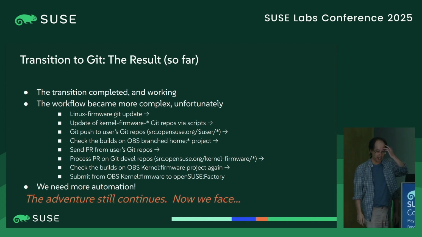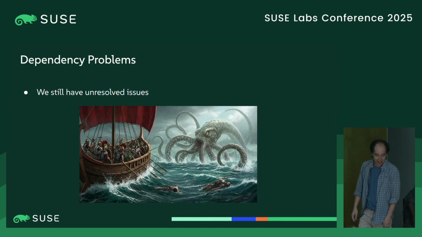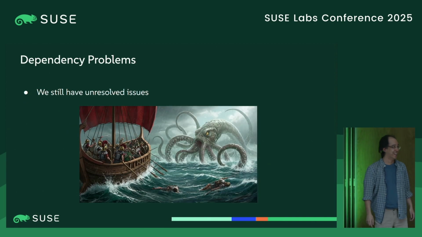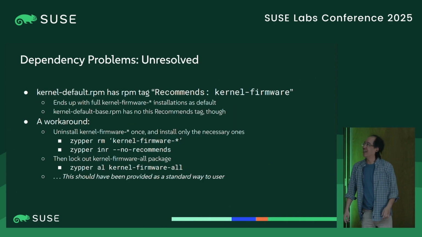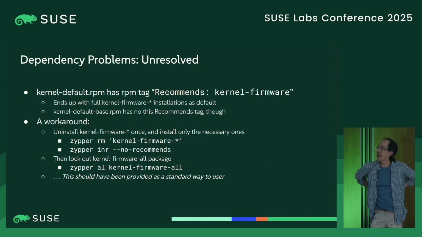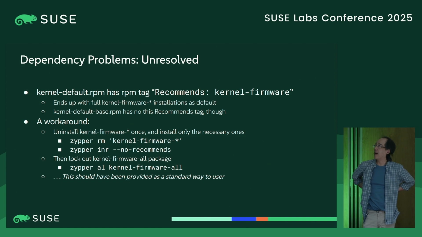That's still not the end, unfortunately. We still have some problems. That's always found adventures, yeah. The biggest problem is that the kernel-default RPM still has a Recommends tag on kernel-firmware.